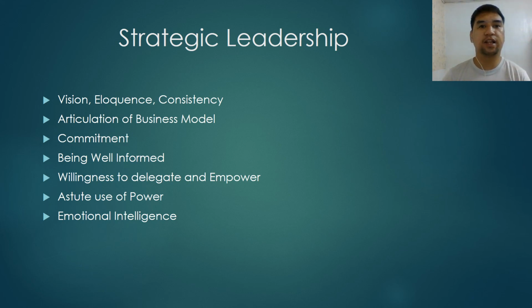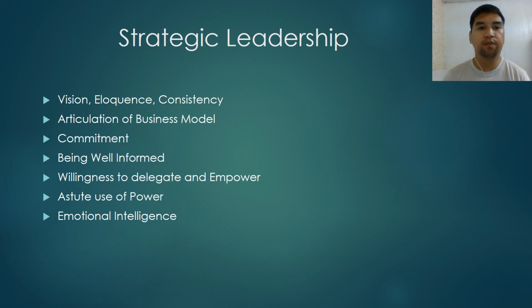Key characteristics of strong strategic leaders: vision, eloquence, consistency, a sense of direction, and a clear, compelling vision of the goals for the organization. Articulation of the business model, the ability to conceptualize how the various strategies of the company fit together into a whole. Commitment to vision and business model by action and words.